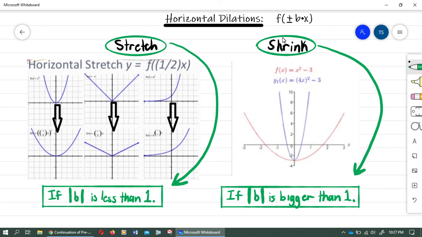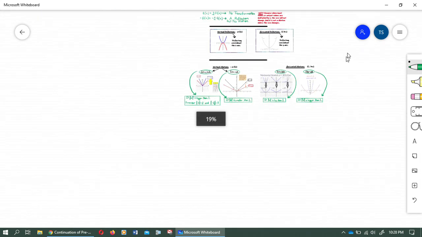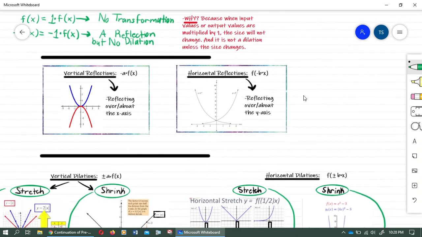In this video we just wanted to explain how to determine whether you're going to have a dilation or a reflection. If it's a reflection, we want you to be able to tell whether it's a reflection over the x-axis or over the y-axis, like what we showed you here.